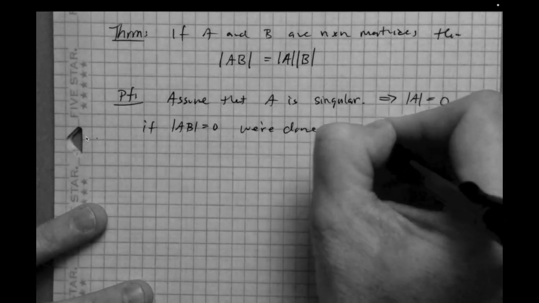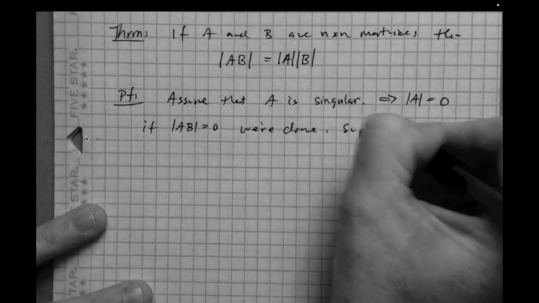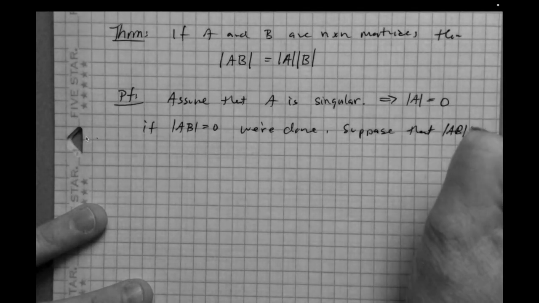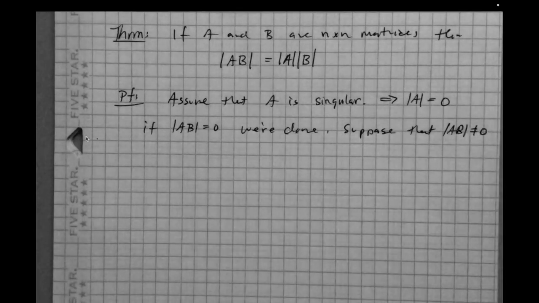So let's suppose instead that the determinant of the product is non-zero, and we'll derive a contradiction. We're assuming A is singular, which implies that the determinant is 0. And now we're going to assume that the determinant of the product is somehow non-zero.